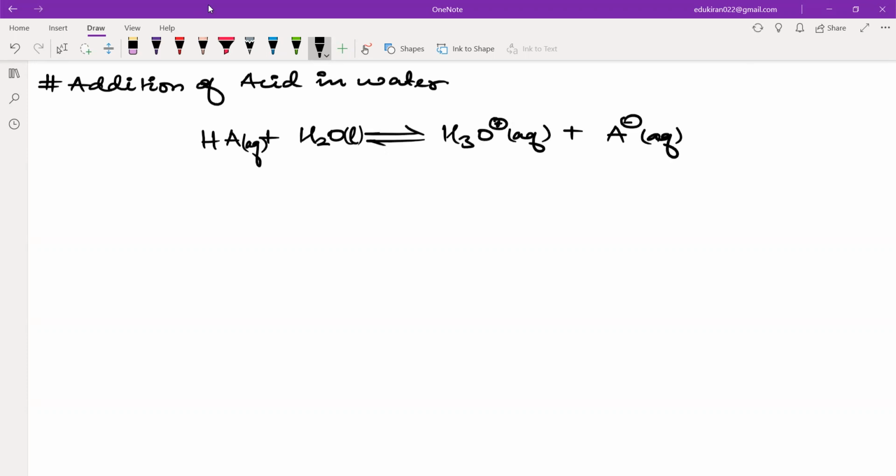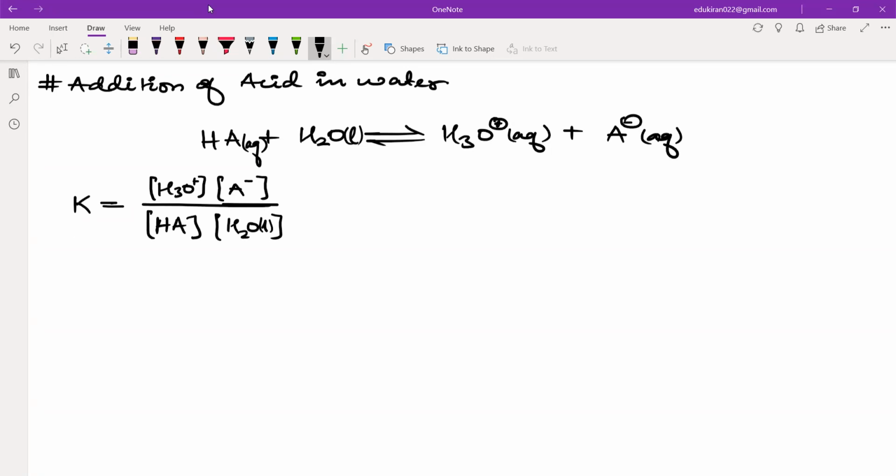So for this chemical reaction, we can write an equilibrium constant. The law of chemical equilibrium says that the equilibrium constant will be equal to the concentration of H3O positive, concentration of A negative, divided by the concentration of HA into the concentration of H2O liquid.